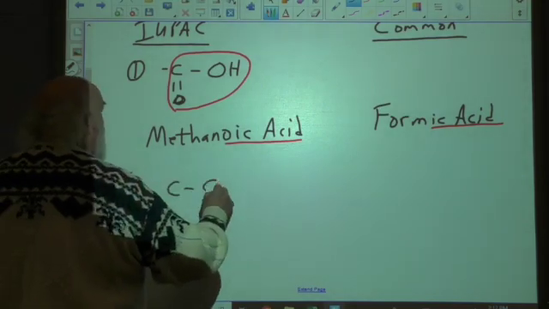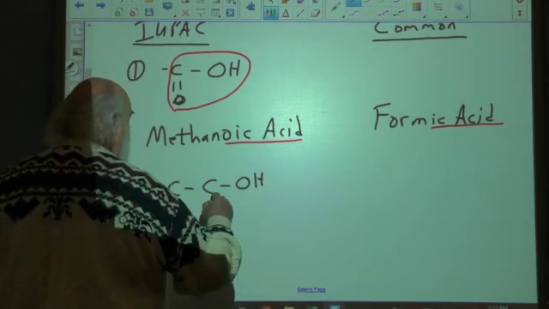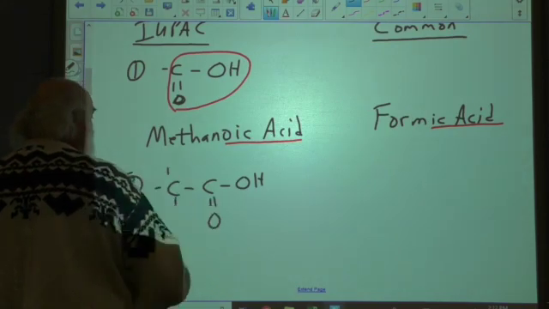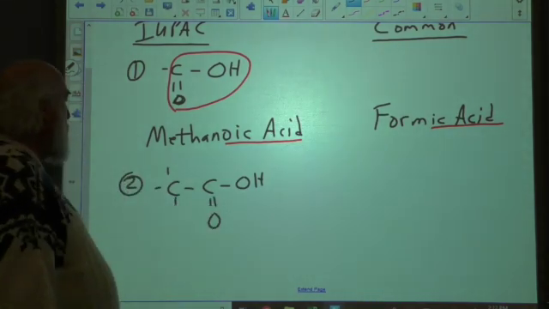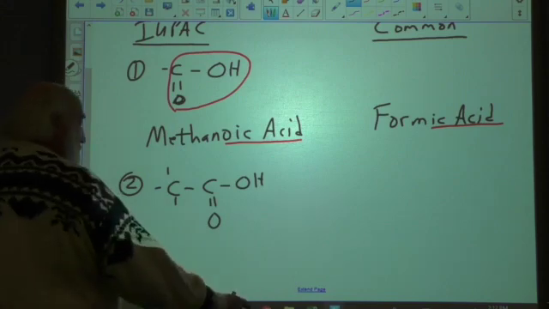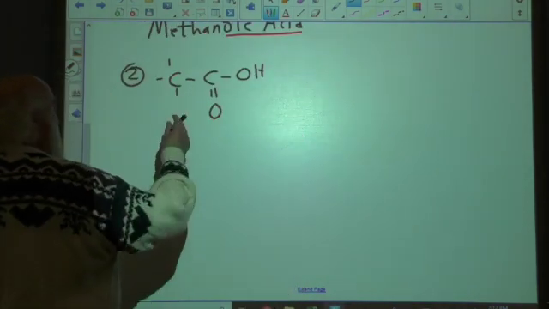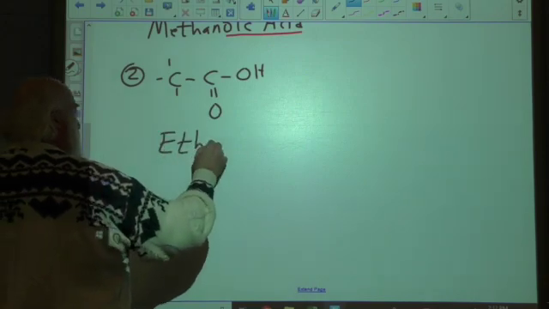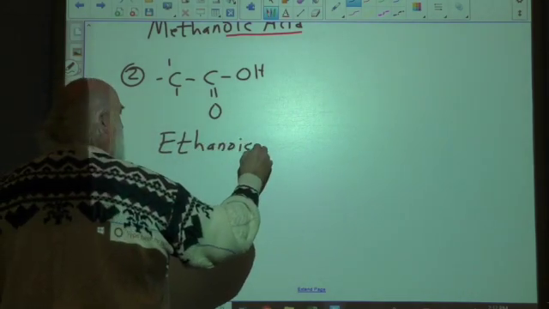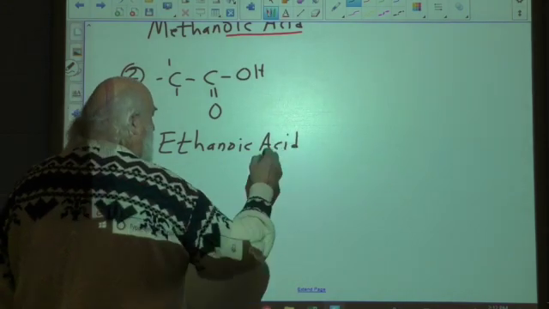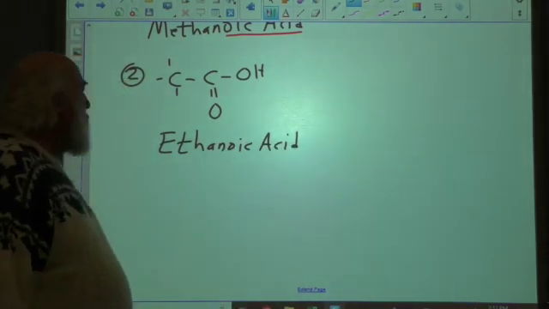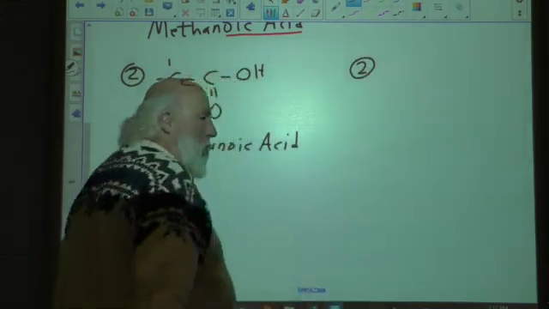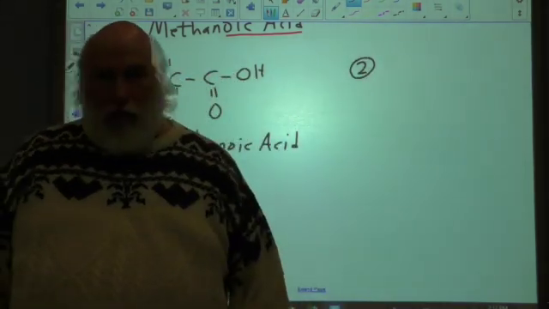2 carbons. There's your 2 carbon one. Beautiful. And this is an ethane, so this becomes ethanoic acid. For the common name, they found this in vinegar.